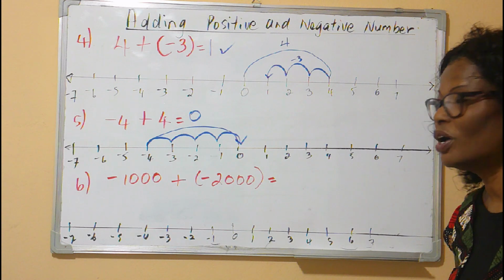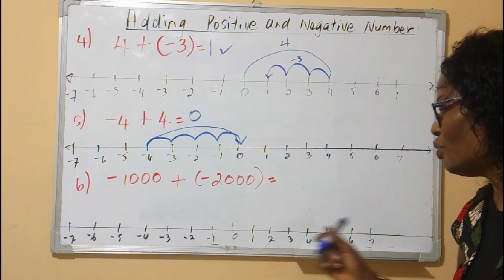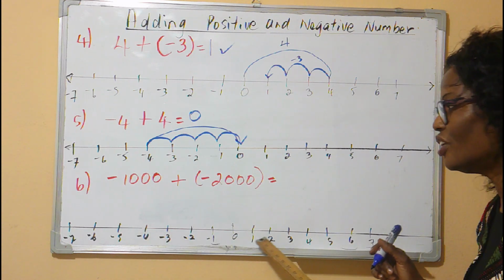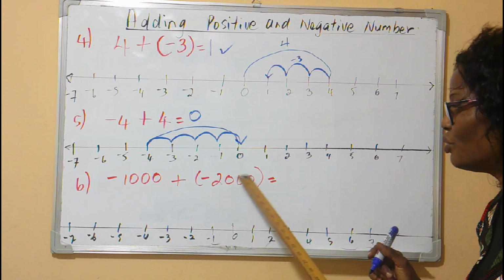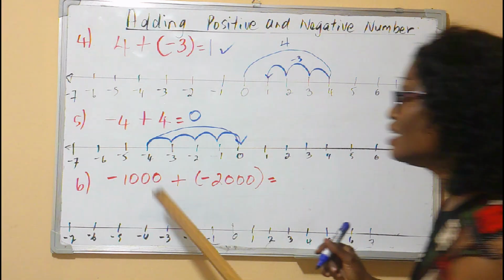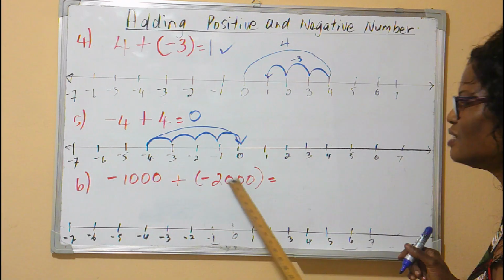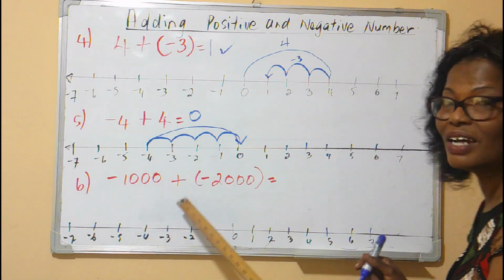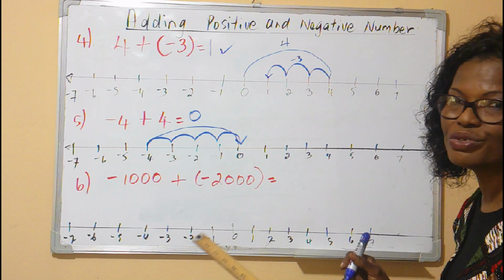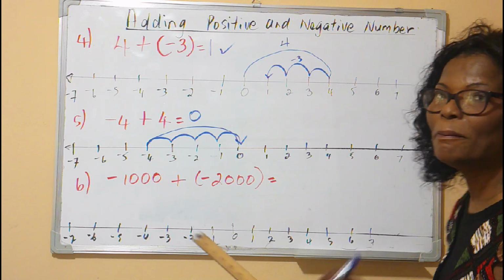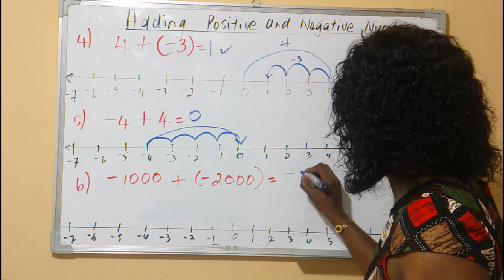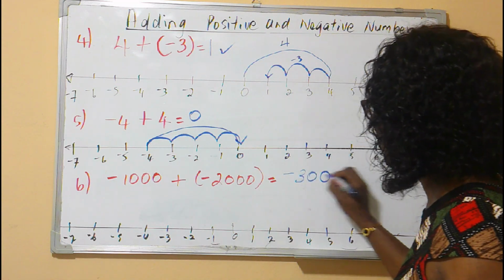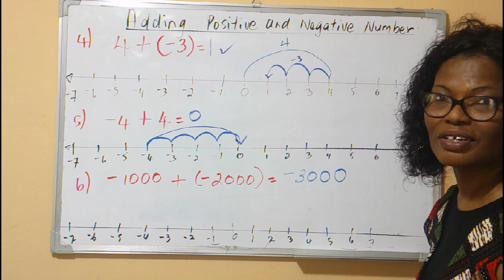Even my number line is certainly not going to work with this, so we have to find a way to adjust it. Negative 1,000 plus negative 2,000 means you owe 1,000 and you owe 2,000. That means your debt is now 3,000. So you owe $3,000.